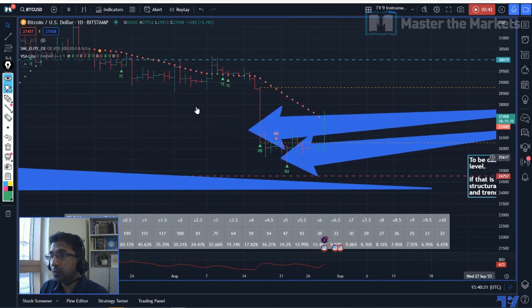In terms of the VSA indicator, it is already signaling certain potential buying points over here as well. And in terms of the volume, I'm just going to put the volume on as well. There's a big volume spike here.